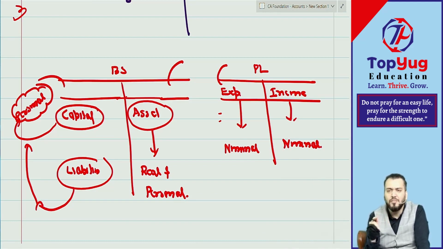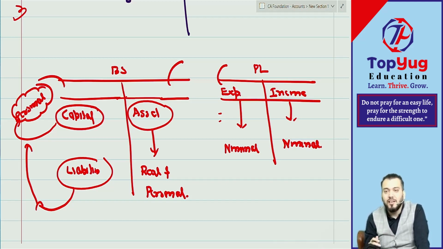Means can I say profit and loss account is a statement of nominal accounts, correct? And in balance sheet we write what? Asset, capital and liability. Asset can be real and personal. Capital will be always personal, liability will be always personal account. Correct? Means, can I say, in balance sheet, we do not record nominal account.